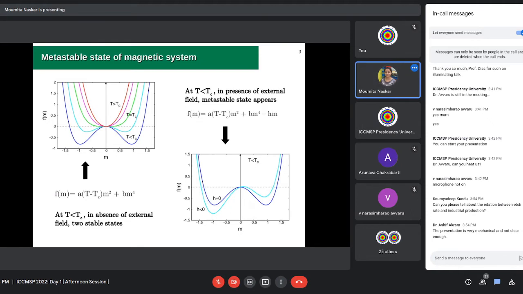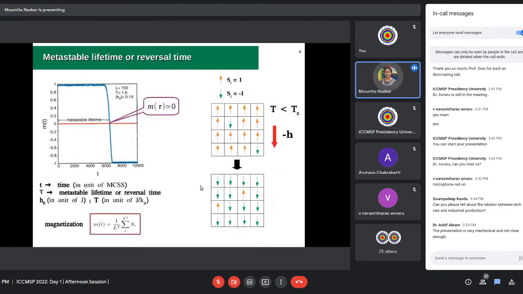Okay, now let's see how we have defined the metastable lifetime or reversal time of magnetization. First, notice this plot of magnetization versus time, where initially we have considered a perfectly ordered state. That means almost all the spins are plus one, so magnetization is one here. Now, as we apply some negative field to that system, it is generally observed that the system first enters into a metastable state, and after a long time it suddenly decays to the stable state.